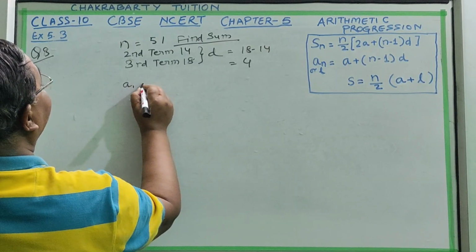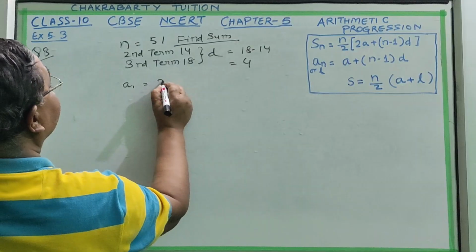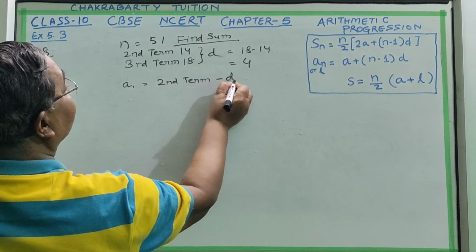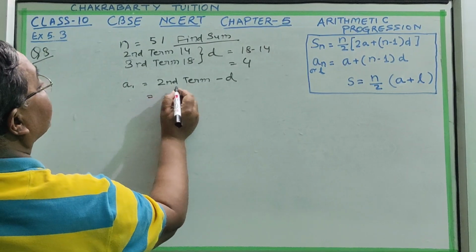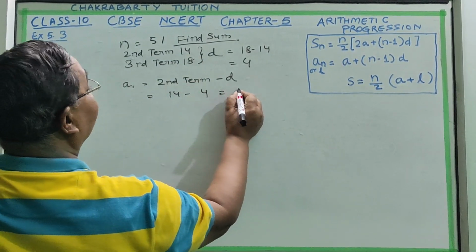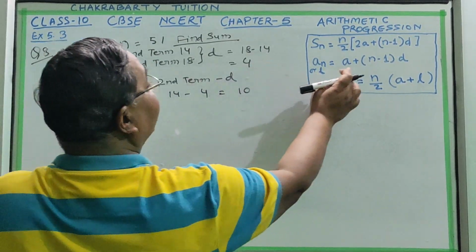First term a1 is the second term minus d. So your second term is 40, minus d is 40 minus 30. So first term is 10. a equal to 10.